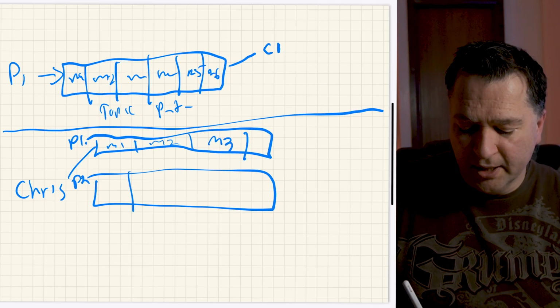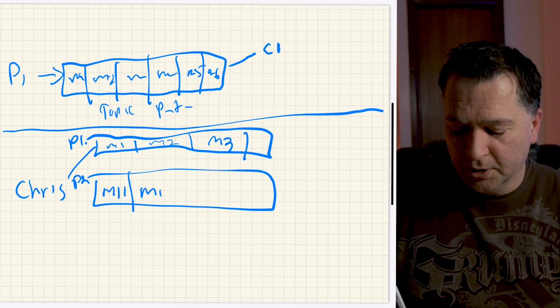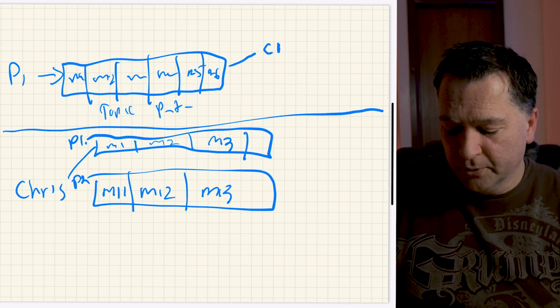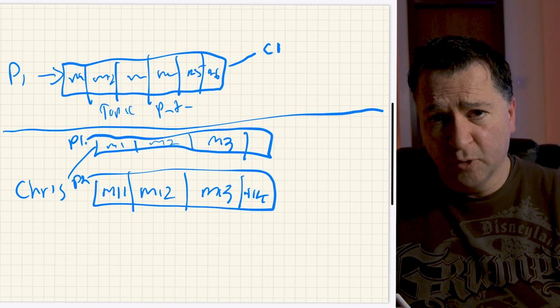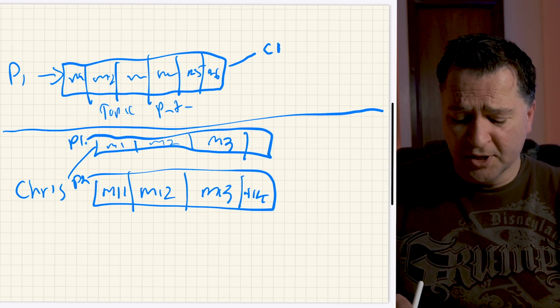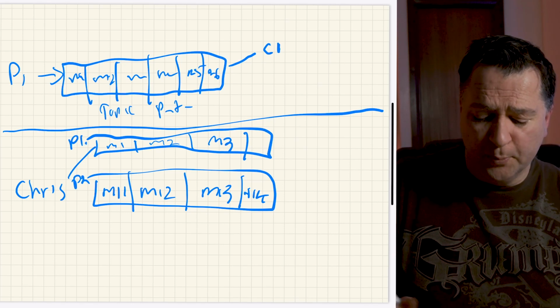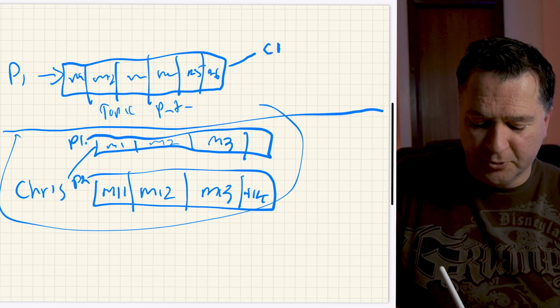And then over here I could have message 1.1, message 1.2, message 1.3, message 1.4. And that is okay from an ordering perspective. So you can only guarantee your order within the partition, and therefore when the producers are writing to this, we'll just put a producer in here.